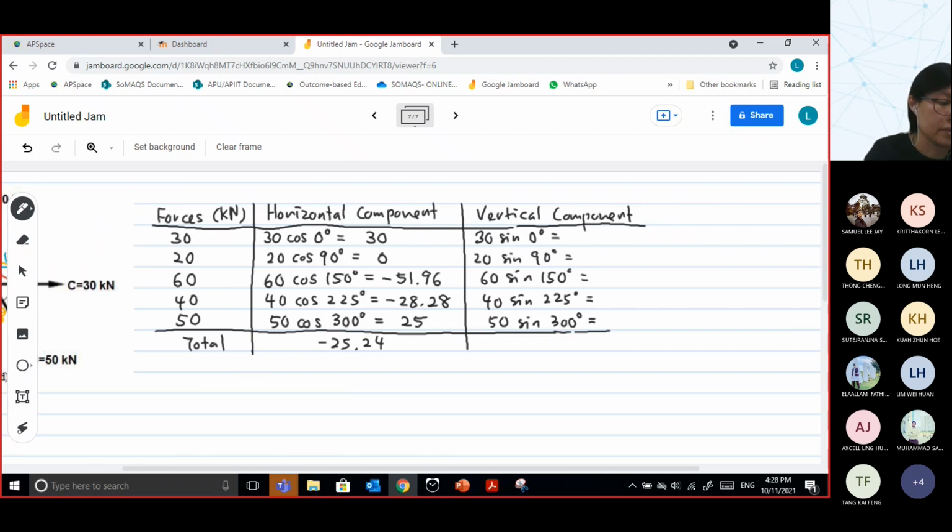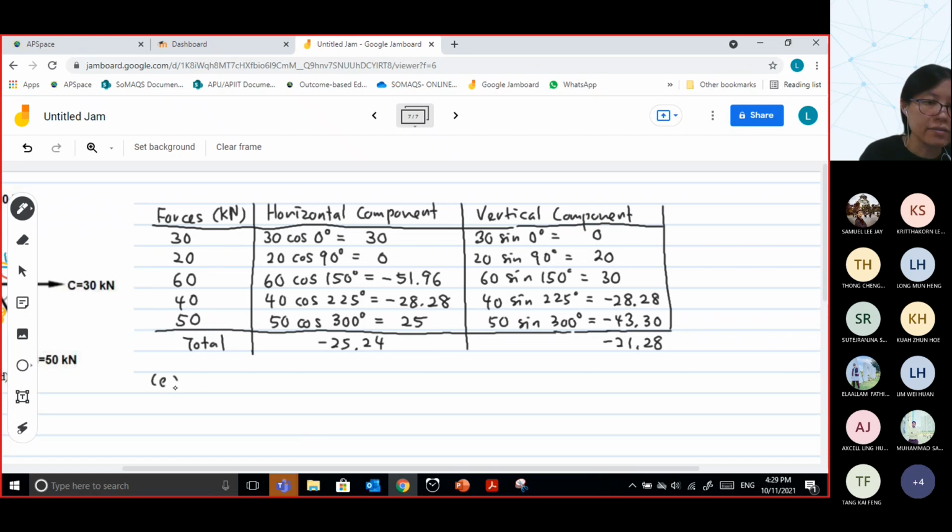So this one will be 0, this one will be 20, this one will be 30, negative 28.28, negative 43.30. Okay, total up. Negative 21.58.